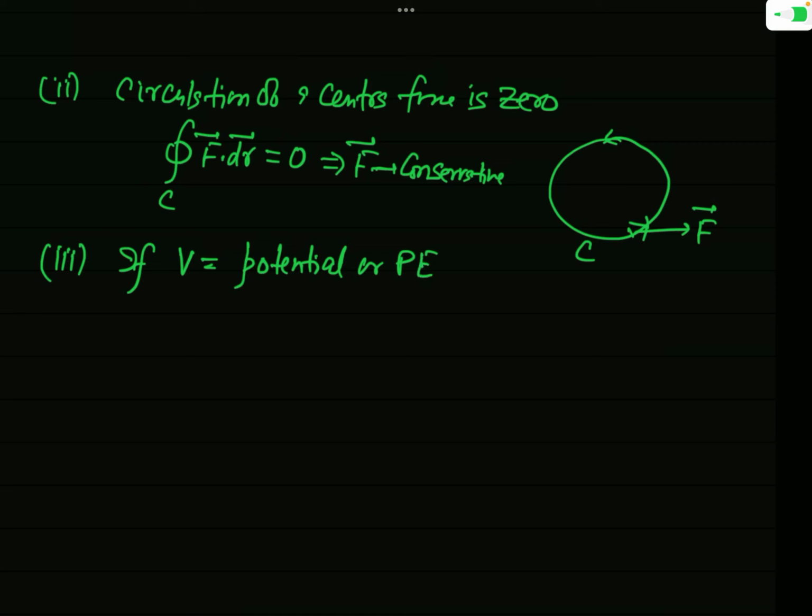In higher physics, potential energy is simply called potential. So if V is potential or potential energy, then we can derive this central force F as the negative gradient of this potential function, F equal to minus del V.